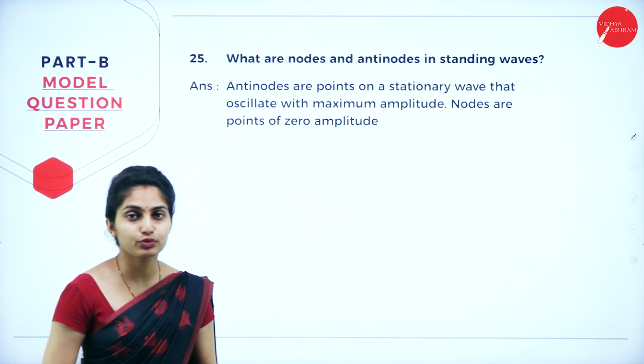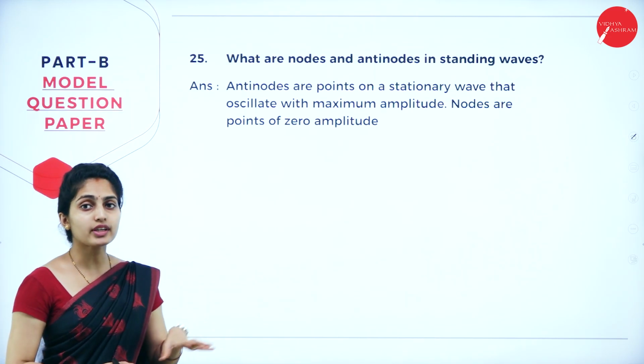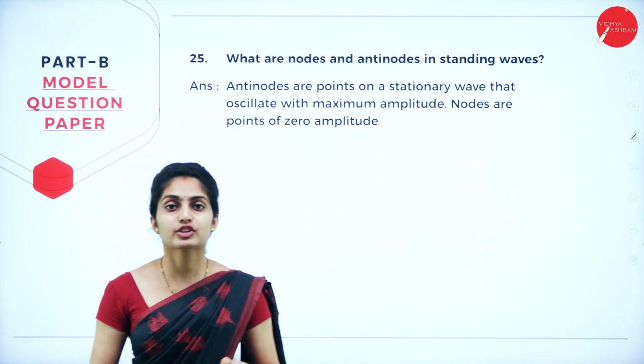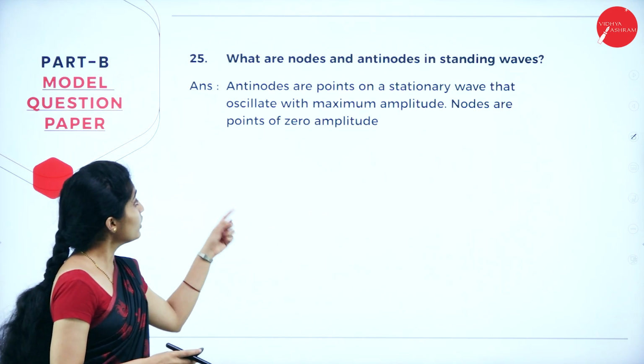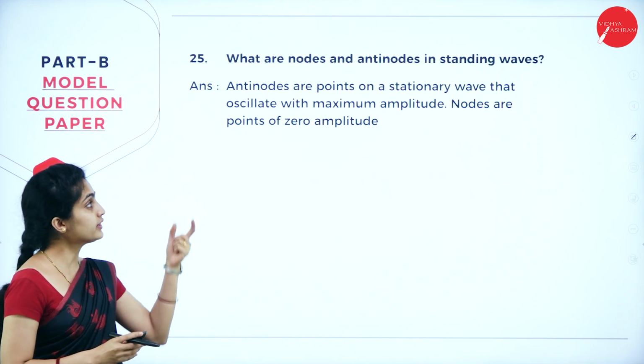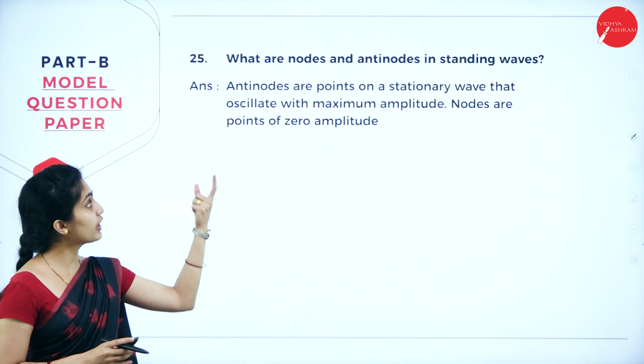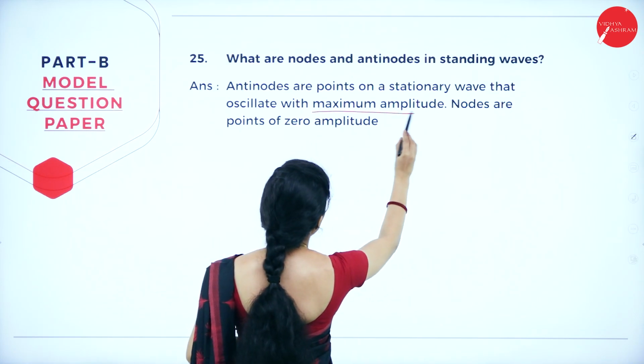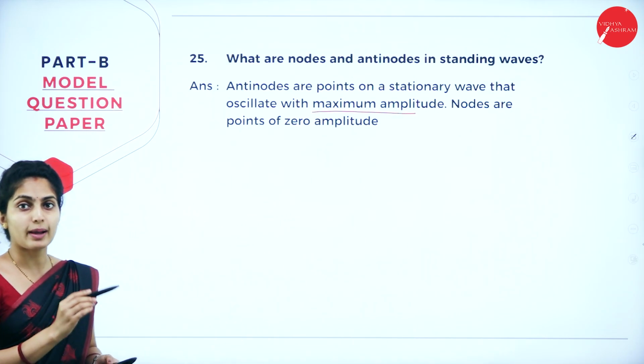Now let us move to the next question. What are nodes and antinodes? And this question is from the chapter Waves. So antinodes are the points on a stationary wave which oscillate with maximum amplitude, and nodes are the points of zero amplitude.